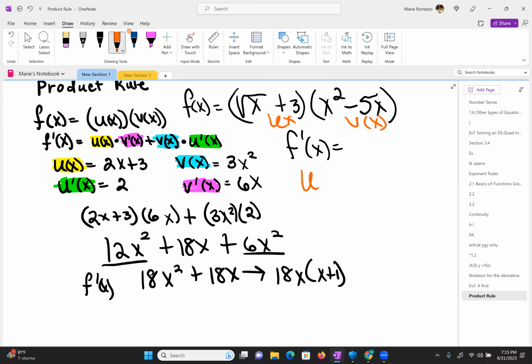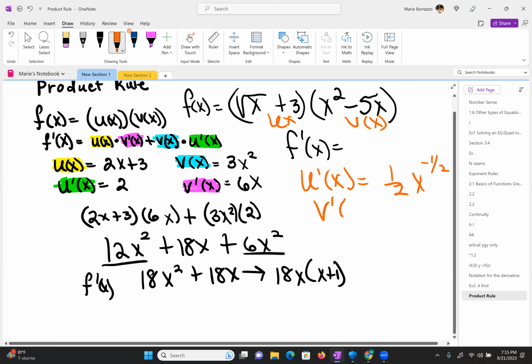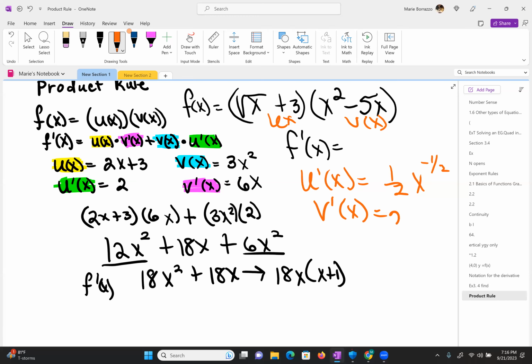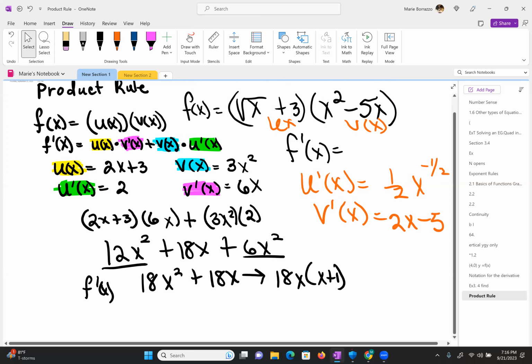If I find the first derivative of u of x, what am I getting? I should have 1/2 x to the negative 1/2. And the first derivative of v of x should simply be 2x minus 5. If I follow the formula, what are you getting? That's your next to do.